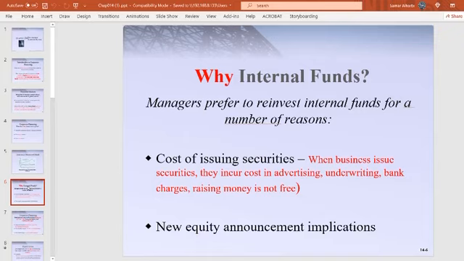It may show that the current share valuation is very high and the company doesn't have enough money. So it is very important for companies to show that they are raising this money for the growth of the business, and not because they are unable to fund their own business.